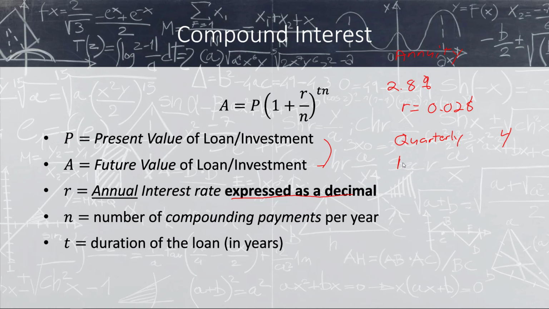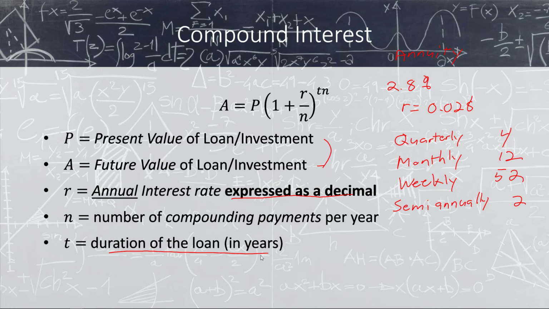If it's monthly, it is 12. If it is weekly, it is 52, not 32. And if it's semi-annually, it is just simply 2. And then T is the duration of the loan, and it will always be in years.